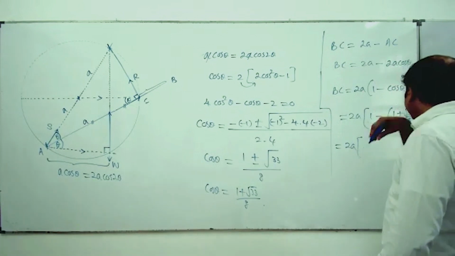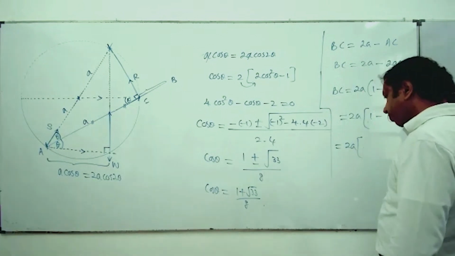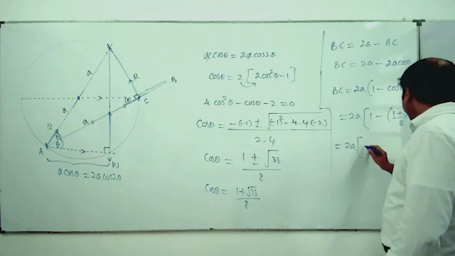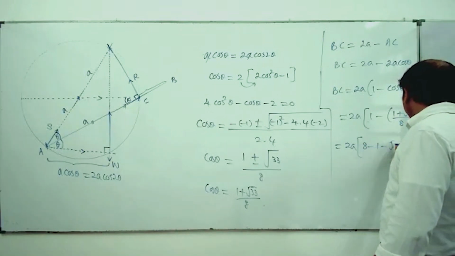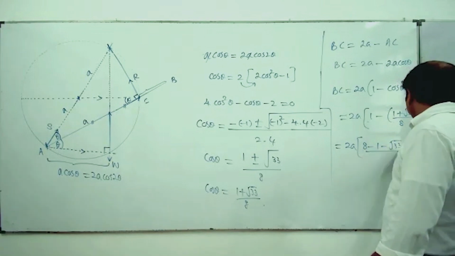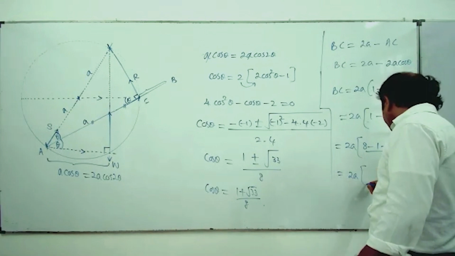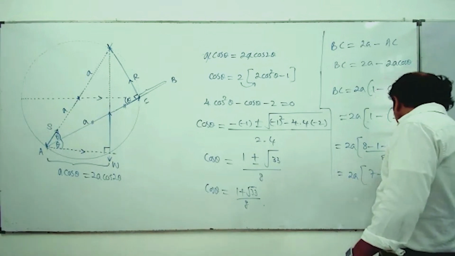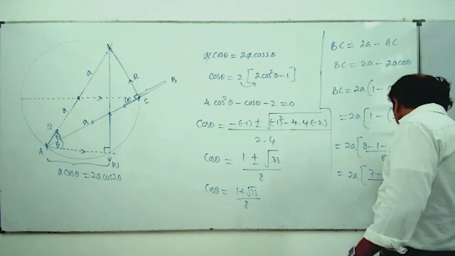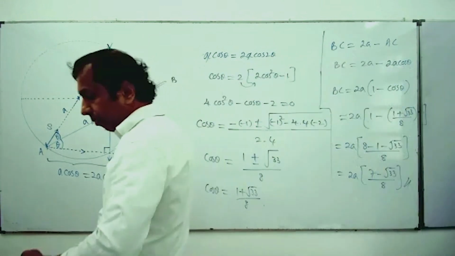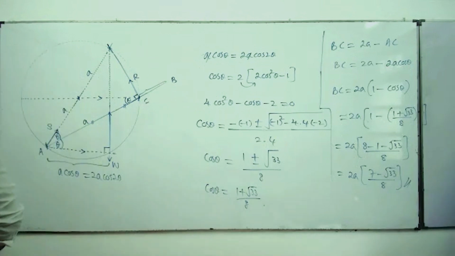Then I think, yes, this 8 comes to the whole thing. No? 8 minus 1 minus root 33 by 8. Then we get 2a times 7 minus root 33 by 8. This is the length of the part of the rod hanging beyond the rim. Right? Now this is how we do that part.